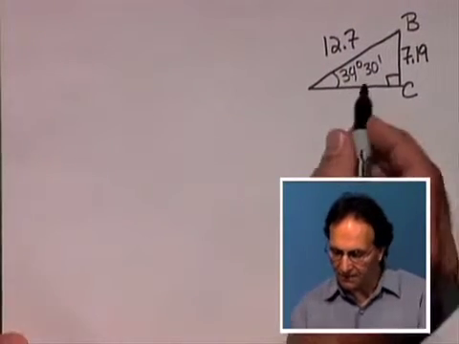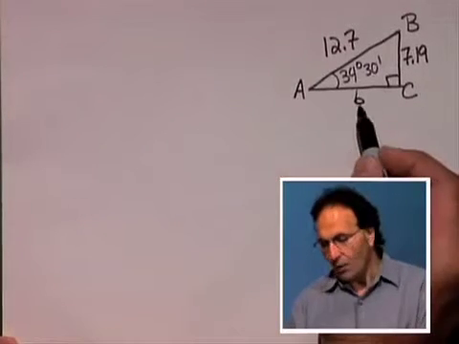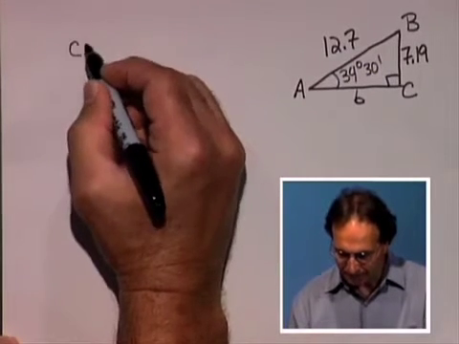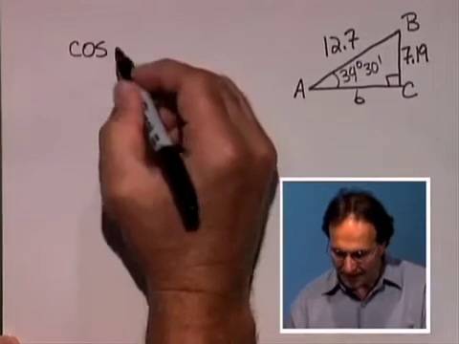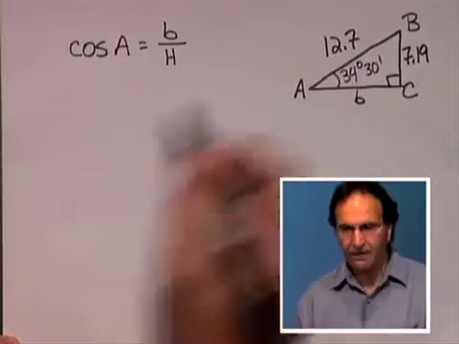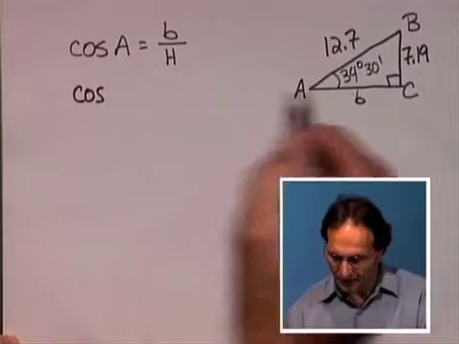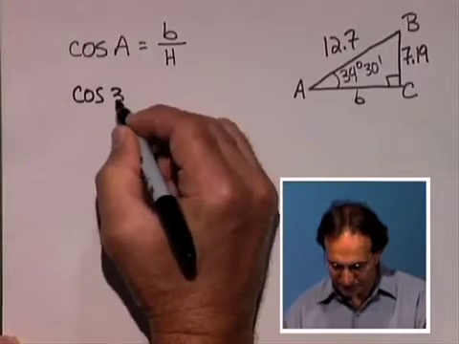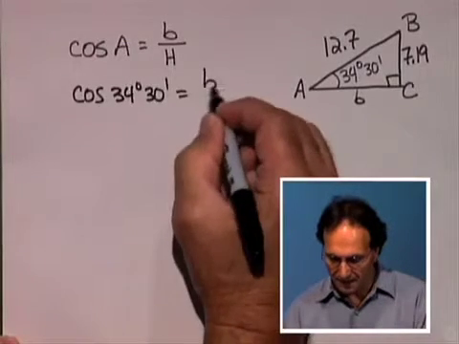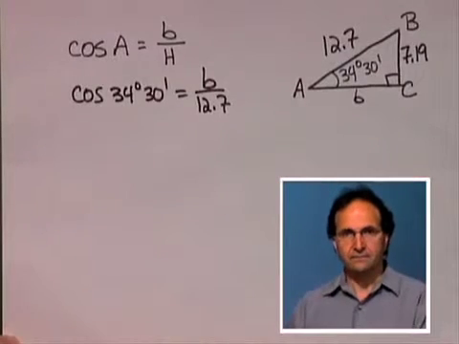To do side B, this side, let me add angle A, we will use the cosine because, remember, cosine of angle A would be the side adjacent to A divided by the hypotenuse. And so now we would have cosine of 34 degrees, 30 minutes, is equal to B divided by 12.7.